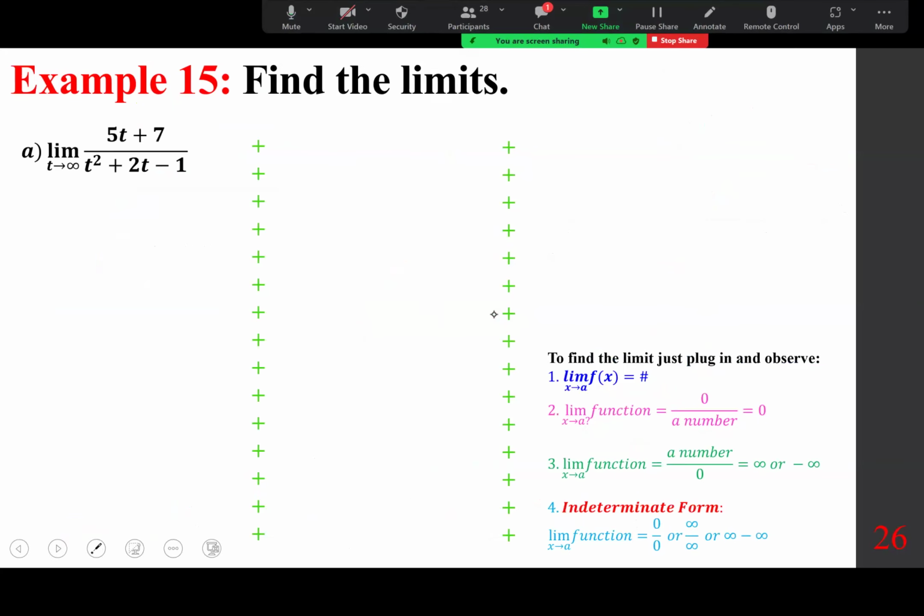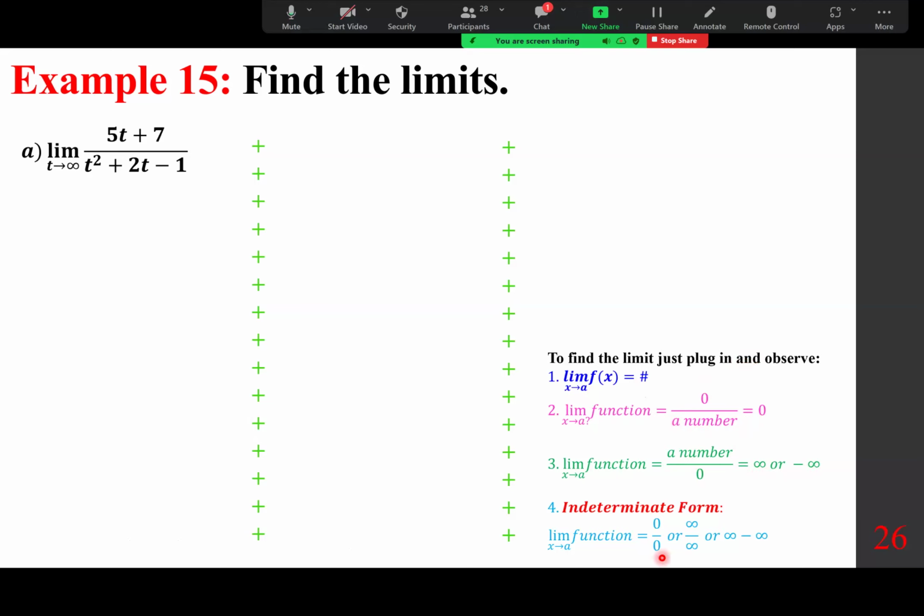Let's continue with finding limits, reminding everybody that if I want to find the limit, I'm going to plug in the observer. When I do that, if I get a number, I'm done. If I get 0 over a number, the answer is 0 and I'm done. It's important to know this number can't be 0. If I get a number over 0, I have to figure out whether it's positive or negative infinity.